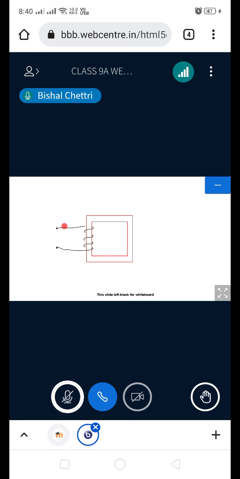Your input voltage will be over here. And this will be my secondary coil. I'm just drawing a simple sketch of it as of now.